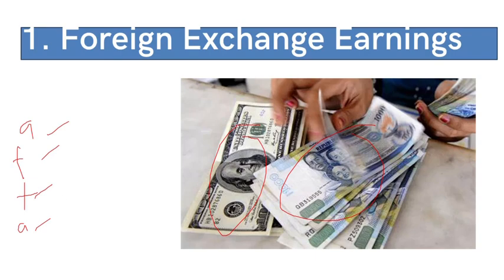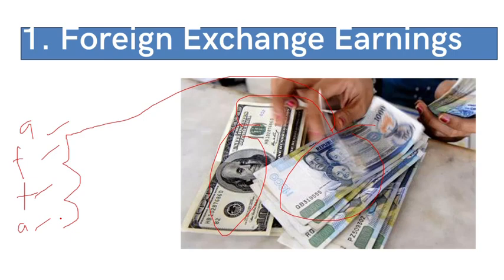The moment that foreign visitors visit the Philippines, they will exchange the foreign currency for local currency. Why? Because they will spend it on the common activities: accommodation, food, transportation, and other activities. So this flow of foreign currency boosts a country's foreign exchange reserves.